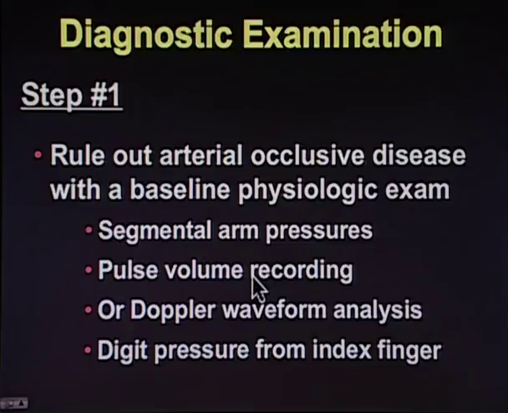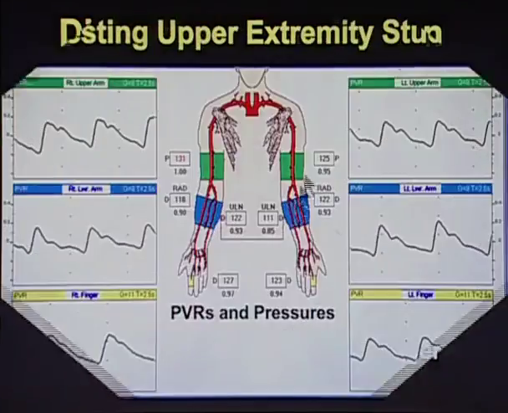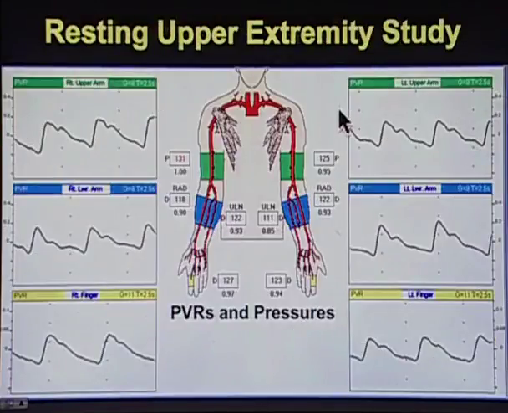We can do pulse volume recordings and/or Doppler waveform assessment, depending on what modality you favor in your laboratory. And then it's typical to do a digit pressure from the index finger of each arm as a preliminary baseline examination.